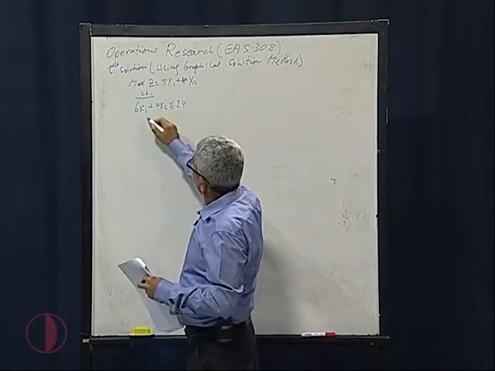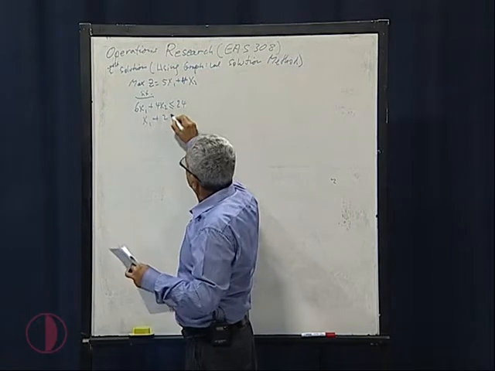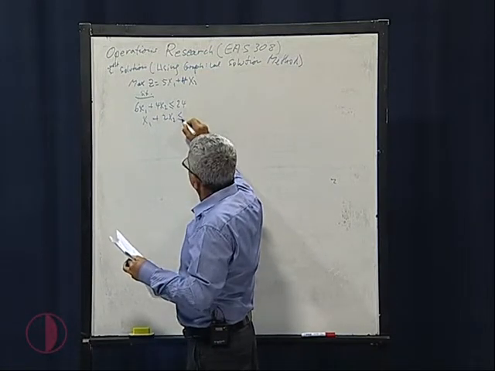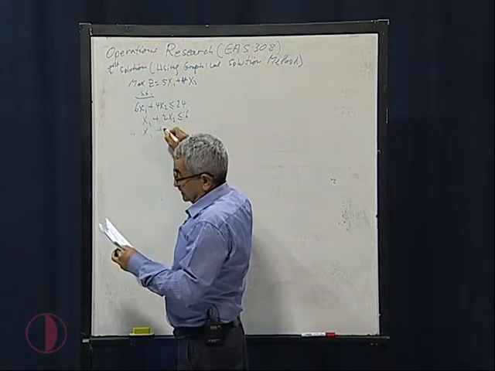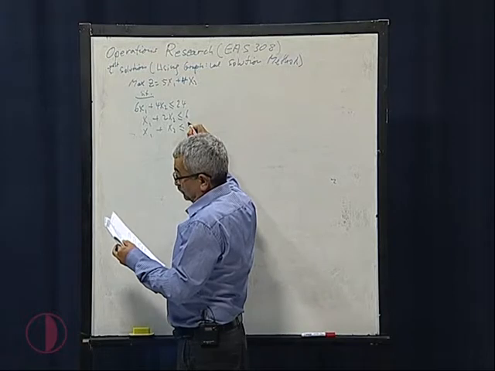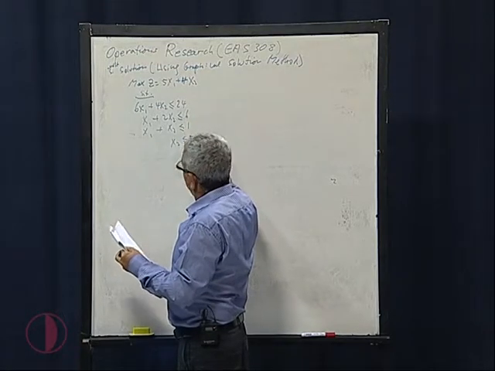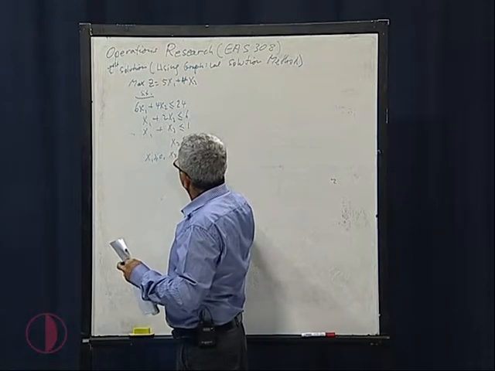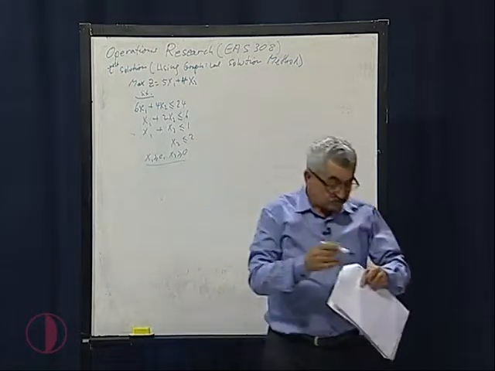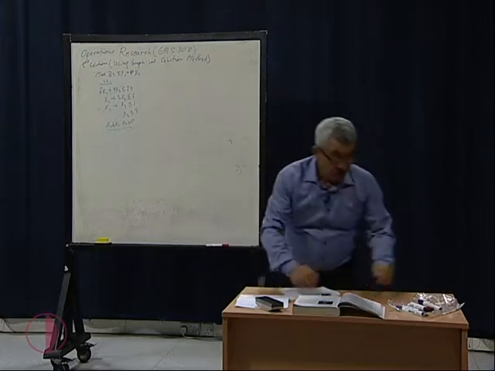And the second one is x1 plus 2x2, smaller or equal to 6. And the third, minus x1 plus x2 smaller or equal to 1, x2 smaller or equal to 2, where x1 and x2 should be non-negative.